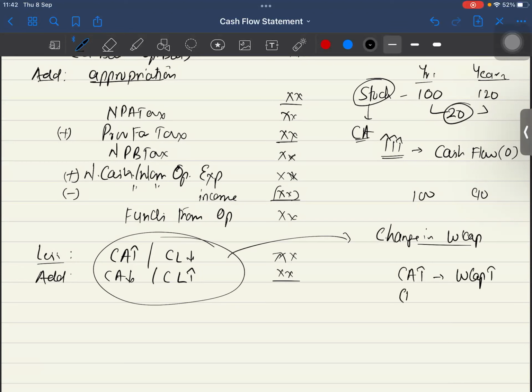And whenever the current asset decreases, the working capital also decreases, because working capital is actually current assets minus current liabilities. So current assets and working capital have a direct relationship. And current liability and working capital have an inverse relationship, because whenever you are making a payment, the cash goes out.